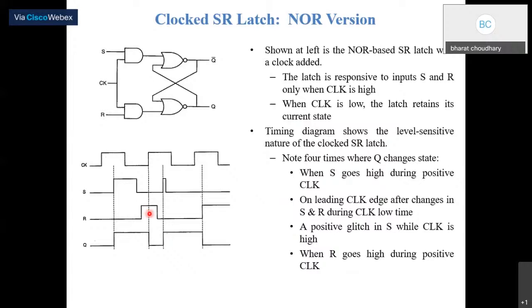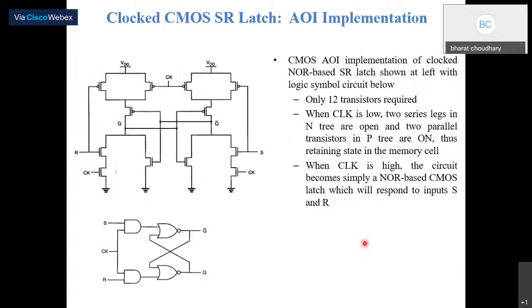This shows the level-sensitive nature of the clocked SR latch: S goes high during the positive clock, at the leading clock edge, the rising edge, after changes in S and R during the clock low time. Here we get a positive glitch in S while the clock is high. This one is the glitch in the set state, and then R goes high during the positive clock. So this is all about the basic fundamental SR latch operation.